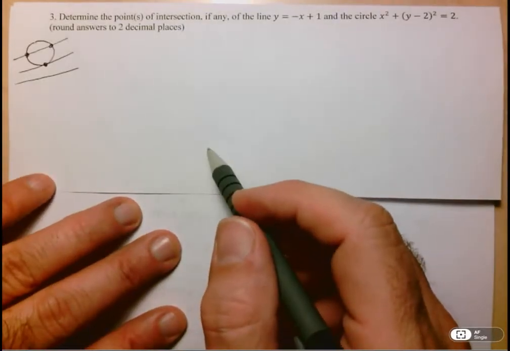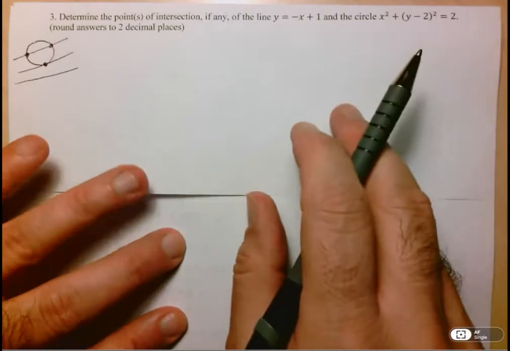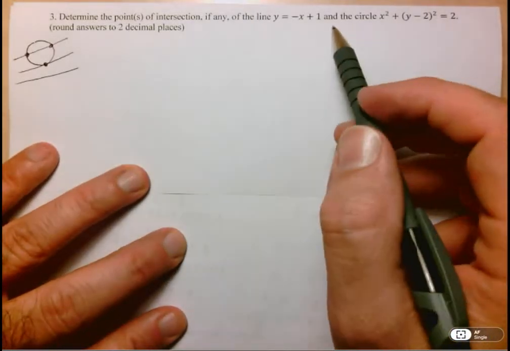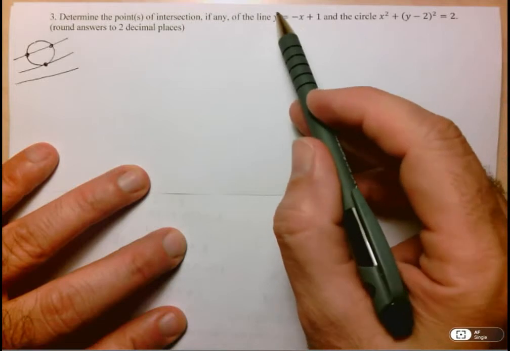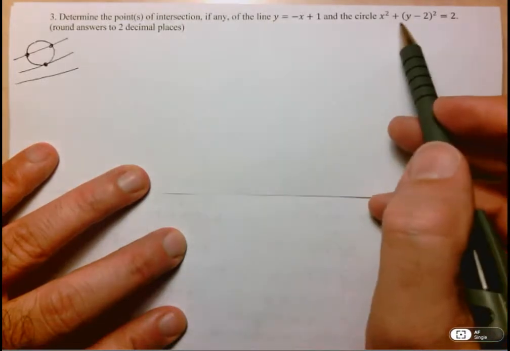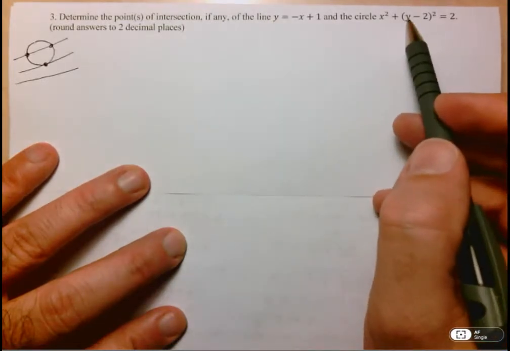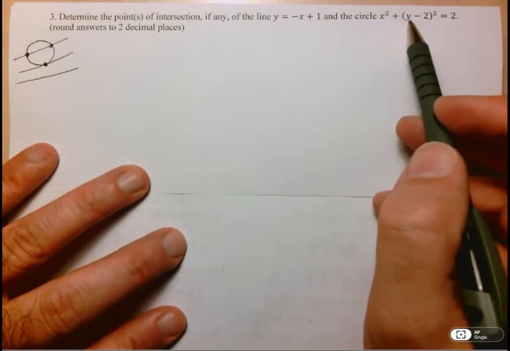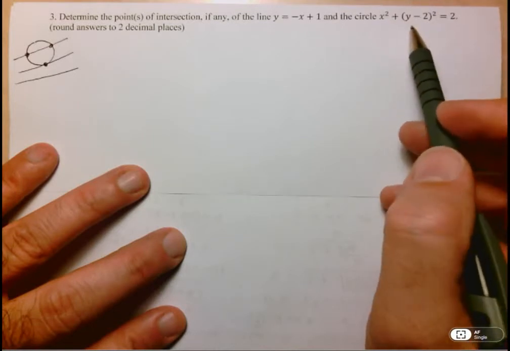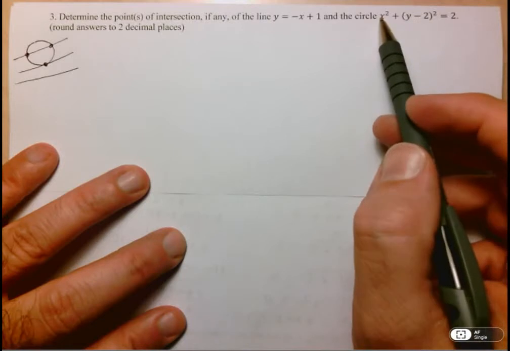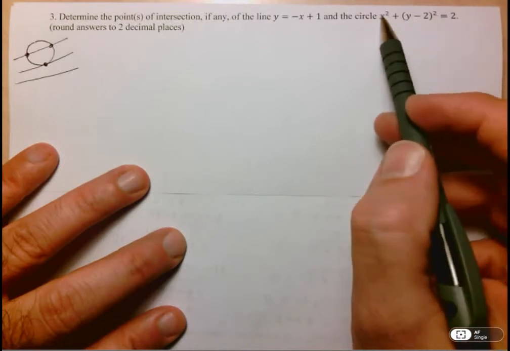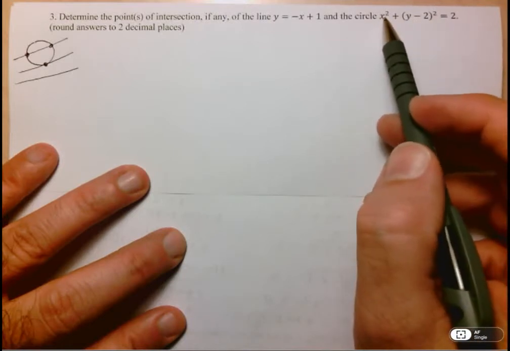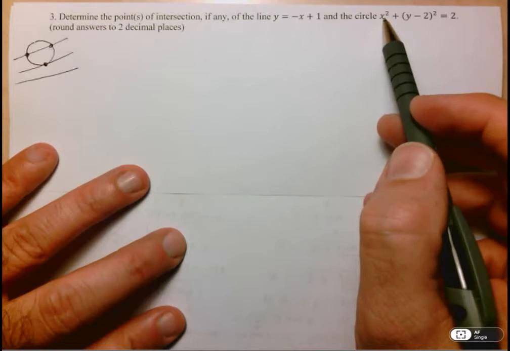In the previous 2 examples, we were able to use elimination or substitution. Here, I don't think elimination is going to work, because I have y on its own here, but getting y on its own in the circle equation won't work at all, because it's in a binomial that's being squared. I could solve for x on its own, but that would involve taking a square root, which I want to avoid.